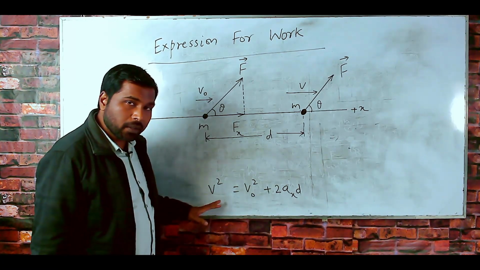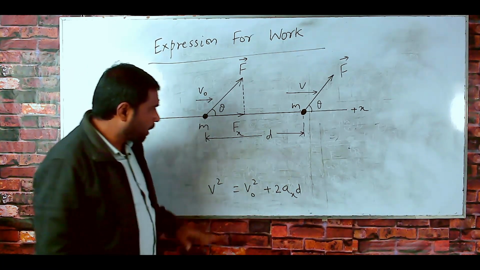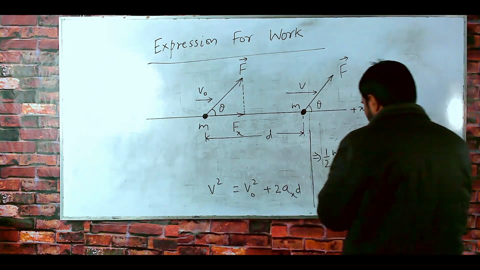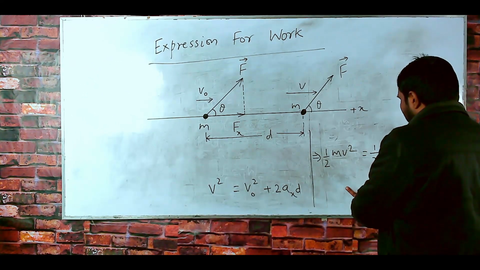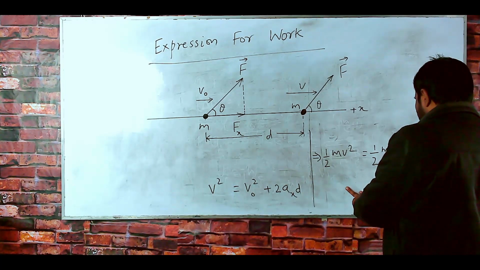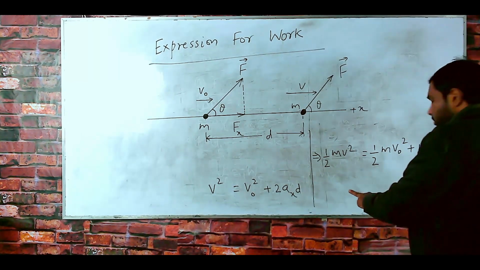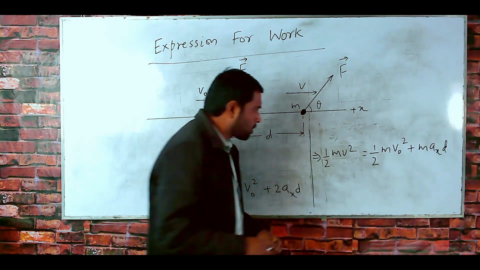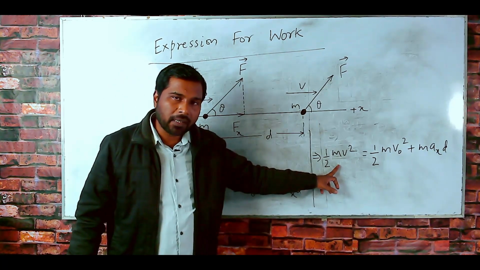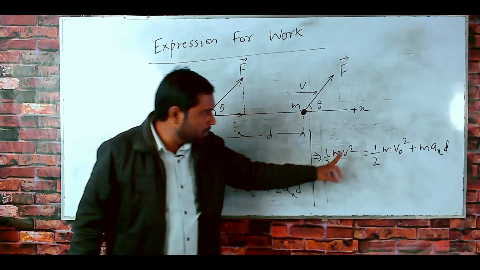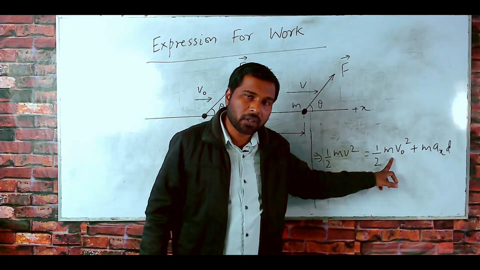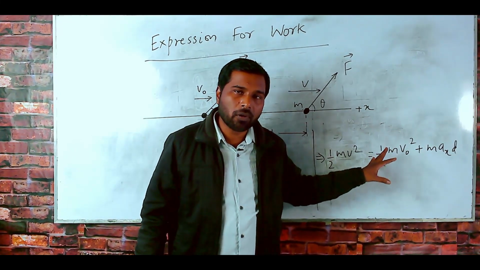If we multiply this equation with half m, we will get half m v squared equal to half m v0 squared plus m ax into d. This half m v squared is the final kinetic energy, and this half m v0 squared is the initial kinetic energy of the object.